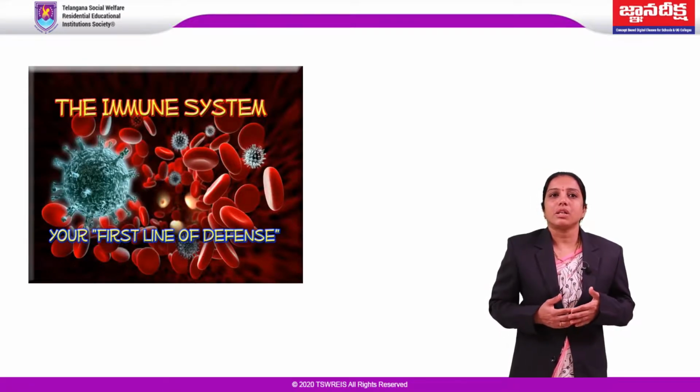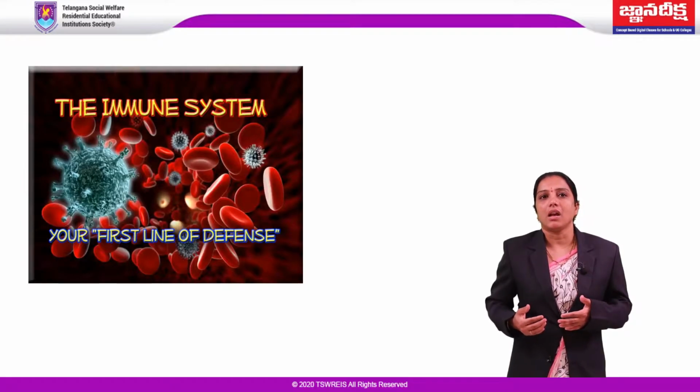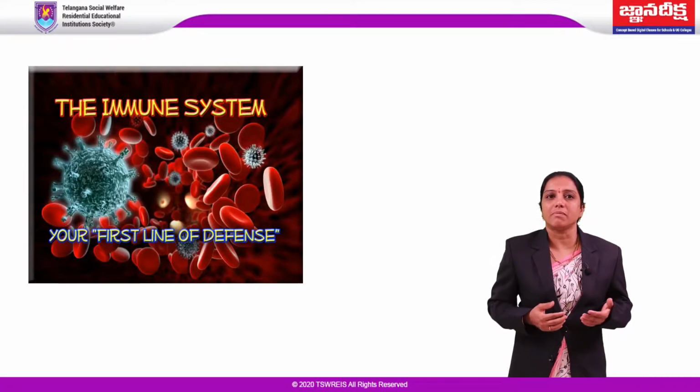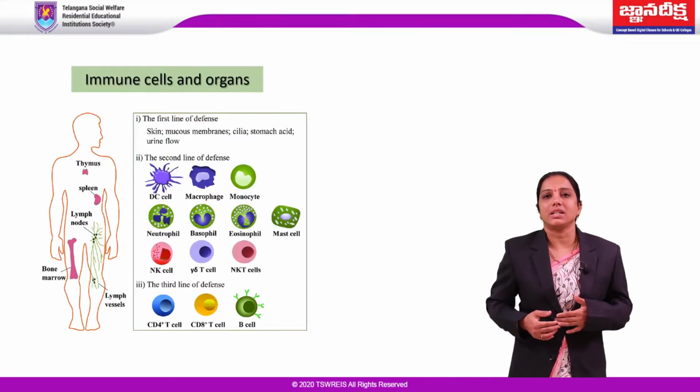But due to some reasons, if organisms pass or escape this barrier, the second line of defense is provided by different blood cells like neutrophils, eosinophils, basophils, monocytes, macrophages, and the natural killer cells by releasing the granules from their cytoplasm.